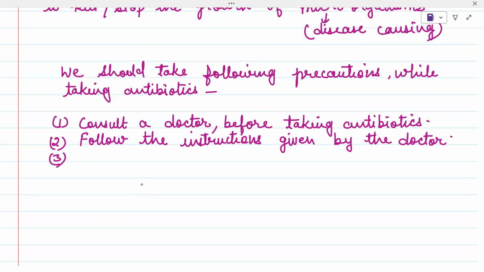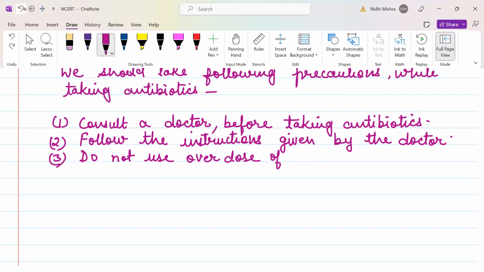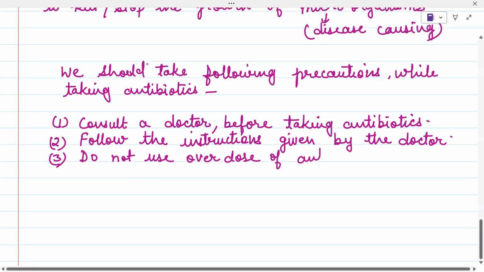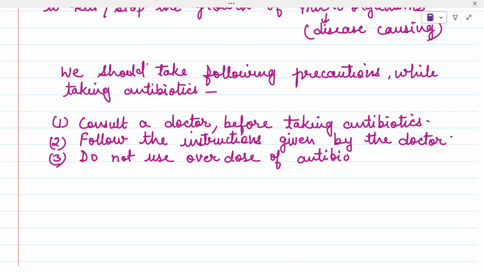Then third one is, do not use overdose of antibiotic, right?